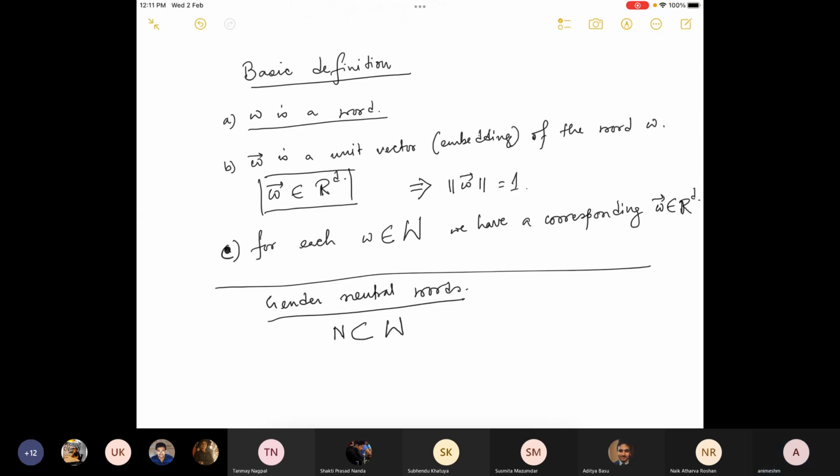For instance, these would be words like flight attendant or shoes. They do not have any connection to gender. That's why they are called gender neutral words.